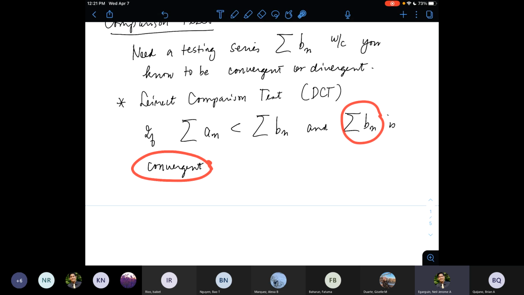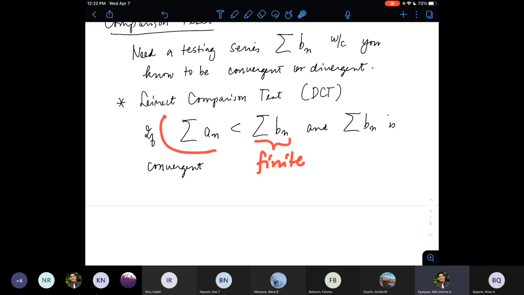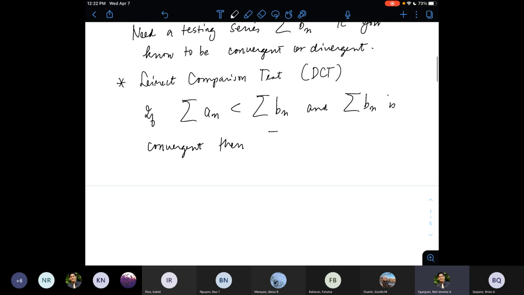And again, the layman's interpretation of being convergent is that you get a finite sum, right? And if you are able to show that the given series is smaller than the testing series, you're saying that the given series is less than a finite value, thus making this finite as well, right? So if you have a hunch that your series is convergent, then all you need to show is that there exists a larger convergent series. So here your conclusion, then, is that the sum of An converges.